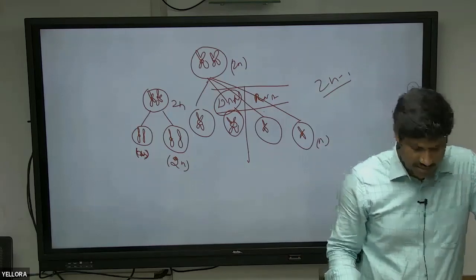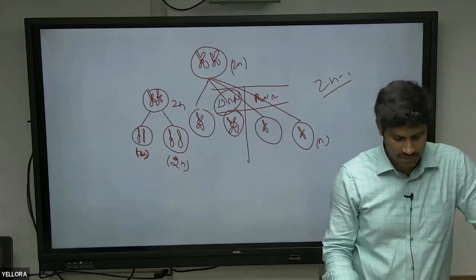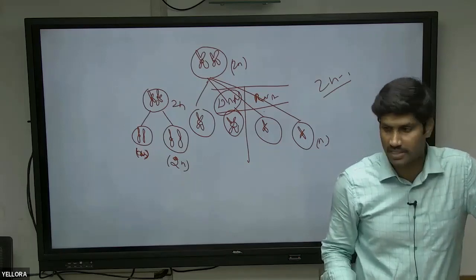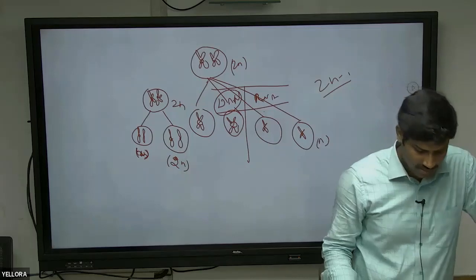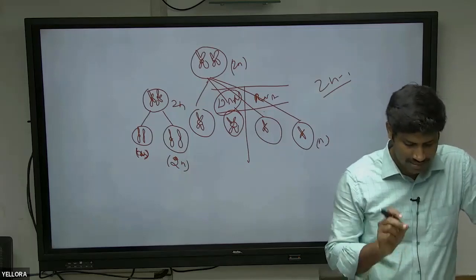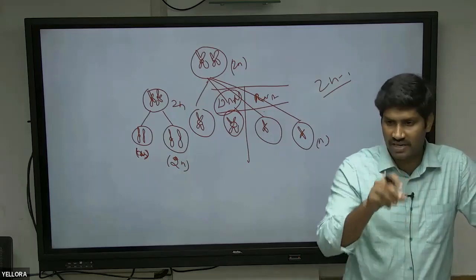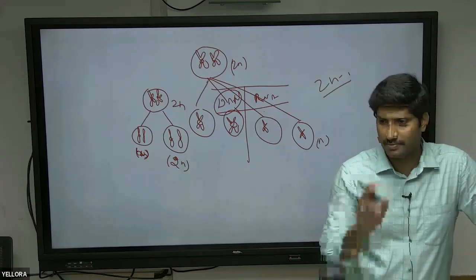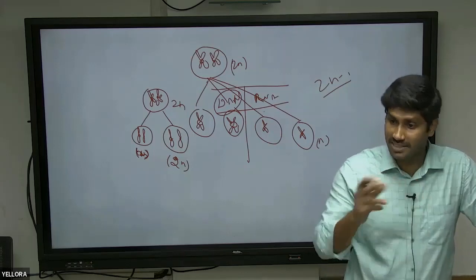Discussion means for 20 marks you have to write at least 4 pages, or at least 2 pages, because the directive is discuss. So you have to discuss various types and describe each type. What is CMS? What is CGMS? What is GMS?